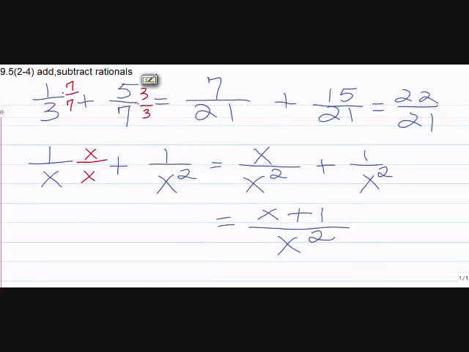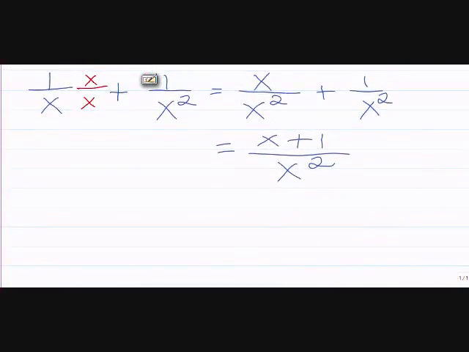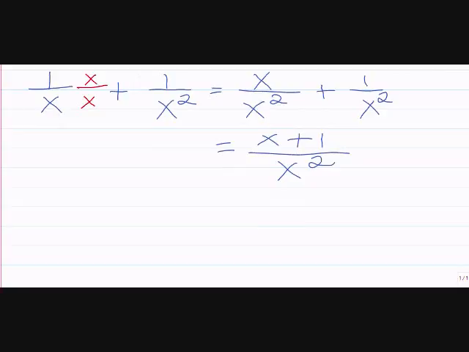So let's do a little work with common denominators. We won't call them common denominators, we'll call them the least common multiple, but we're going to use those least common multiples for our common denominators. So these are LCMs. So the LCM for x and x squared, well, I need to look at the multiples for the x, and I need to look at the multiples for the x squared.